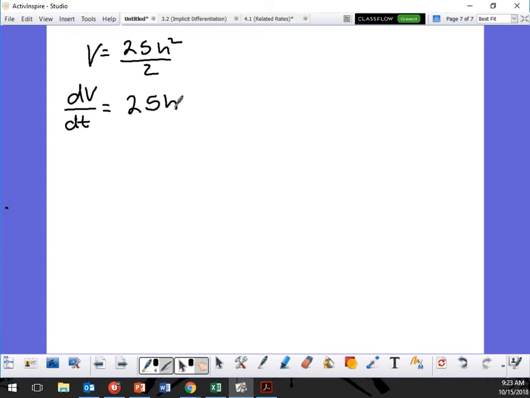So since we said that V is 25h squared over 2, my dV/dt is equal to 25h. Am I missing anything there?